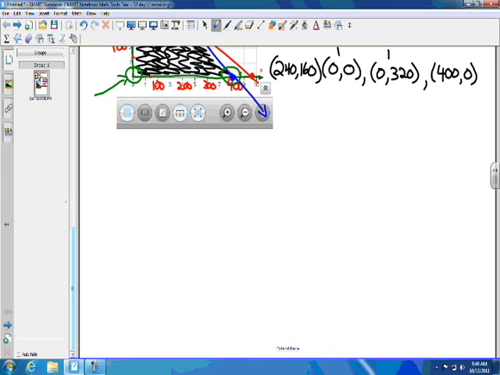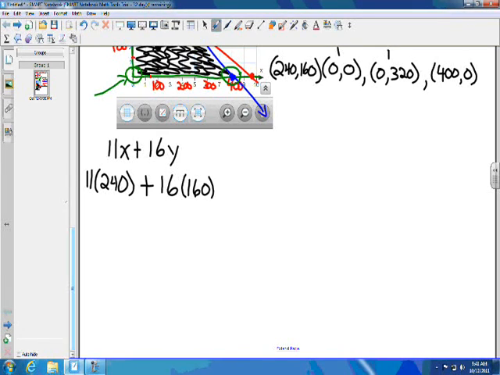Step 4 was the shading and finding the points right here. So we are on step 5 now, figuring out which one gives you the max. So plugging in that first point, what do we get for a profit?